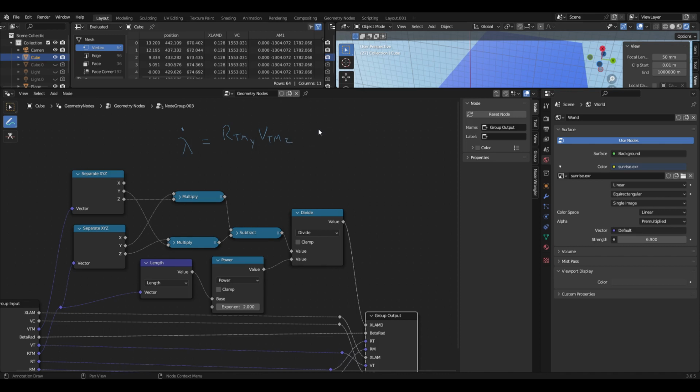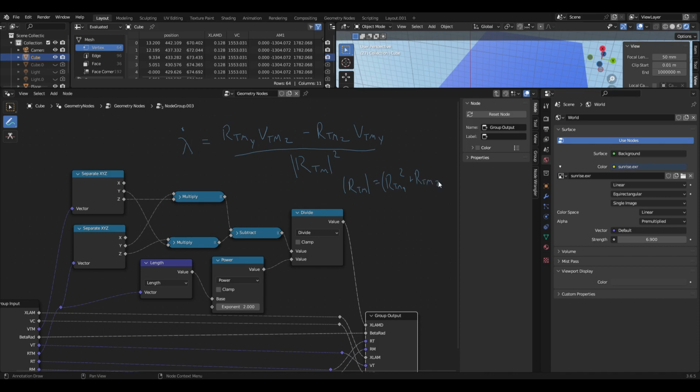And the equation for that is lambda dot is RTMY VTMZ minus RTMZ VTMY over the magnitude of RTM squared, and the magnitude is just the square root sum of the squares, and that's shown there. So that's really the only thing being calculated here.